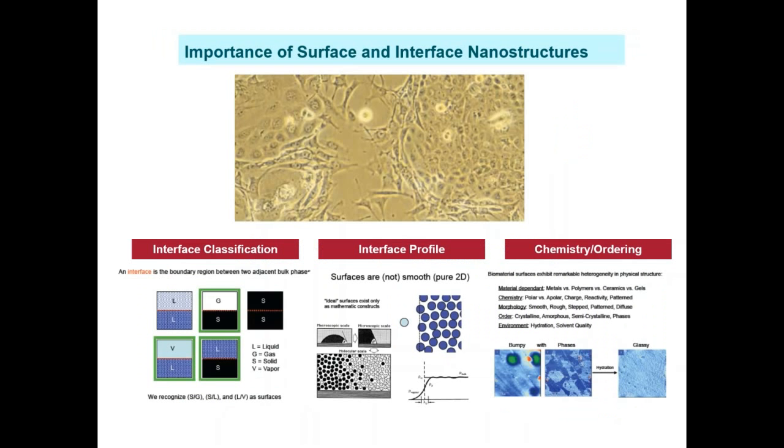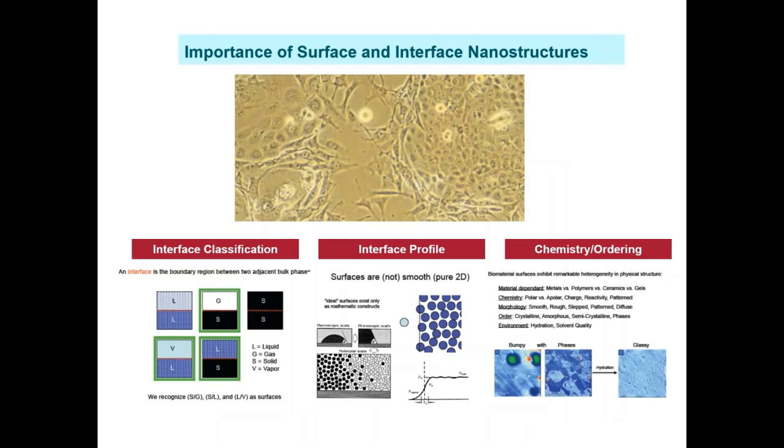So I'd like to start by focusing on interfaces. So interfaces, you have basically solid-liquid, solid-air, liquid-liquid, or a classification of 5 different interfaces. And within that interface, you have various phenomena, whether it's electrostatic, van der Waals, that involves attraction or repulsion.